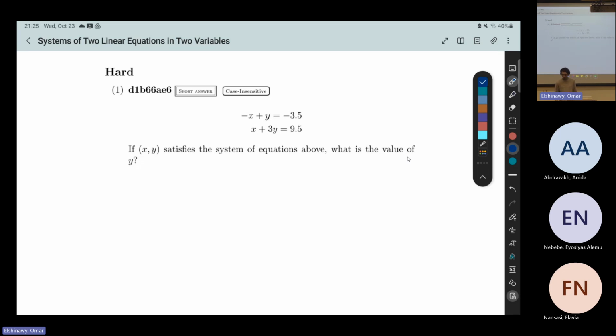I would like you guys to try it out and see what you can get as a solution. So Y is equal to 6/4, or 3/2, sure. Okay.